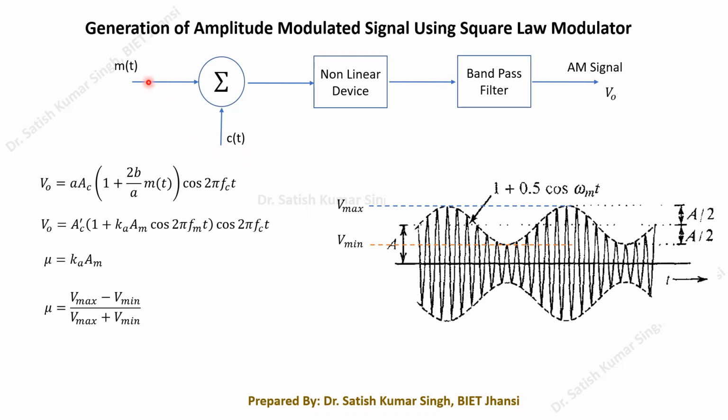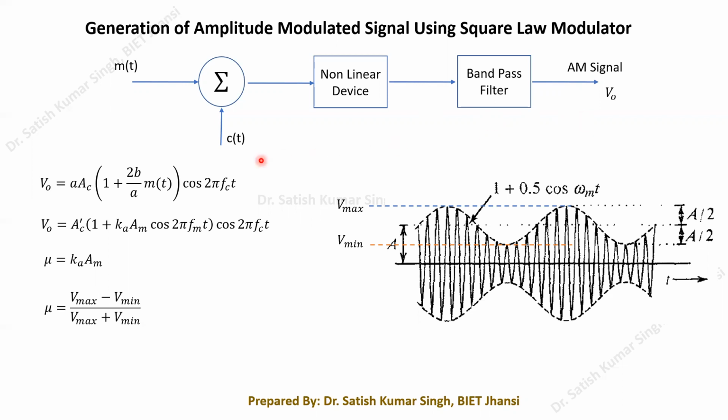These two signals must be added together, and after that this signal must be passed through a non-linear device. After passing through the non-linear device, we have to design a band pass filter of a particular pass band frequency. Then the resultant signal will be our AM signal.